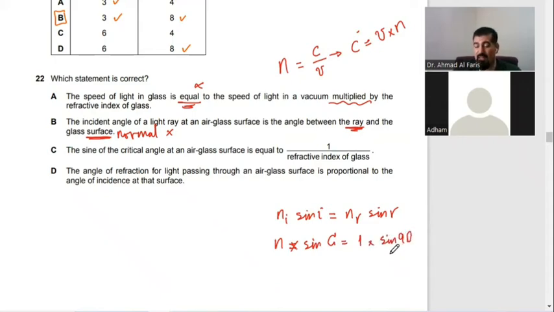Sine 90 is 1. So N is equal to 1 divided by sine critical angle, or sine critical angle is equal to 1 over N. So far, C is the correct answer.